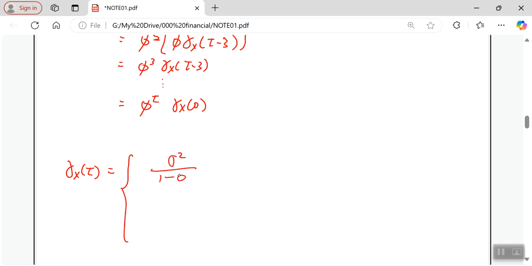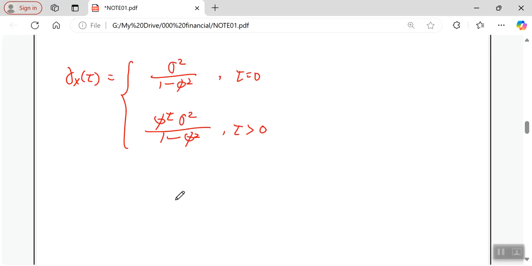Now for lag 0, you have sigma squared over 1 minus phi squared, isn't it? This is when tau is equal to 0. If tau is larger than 0, then you have phi power of tau, times sigma squared over 1 minus phi squared, larger than 0.